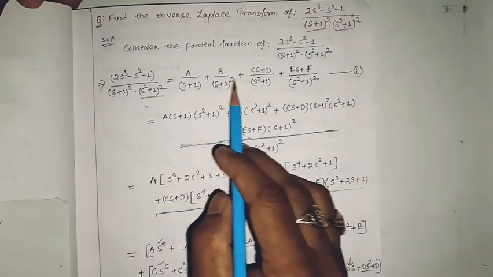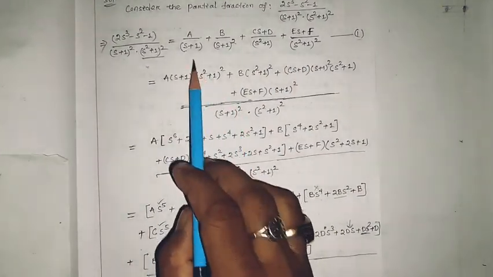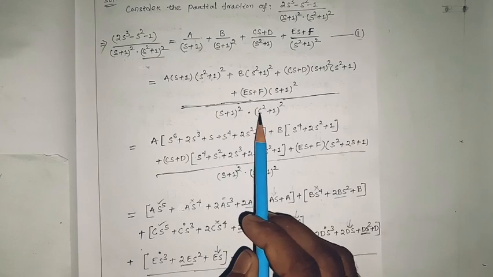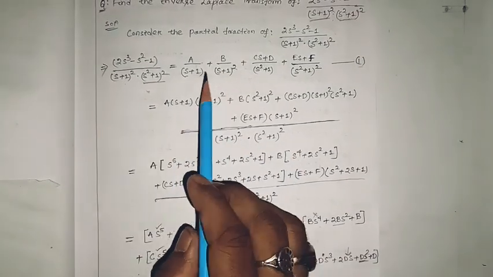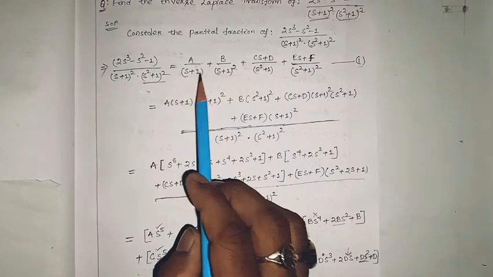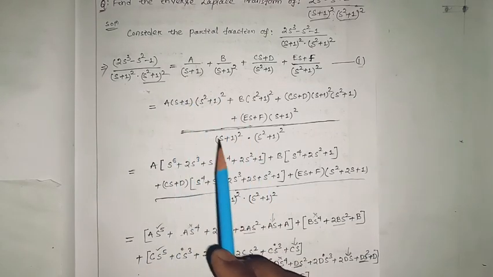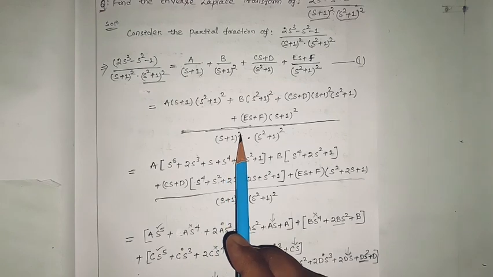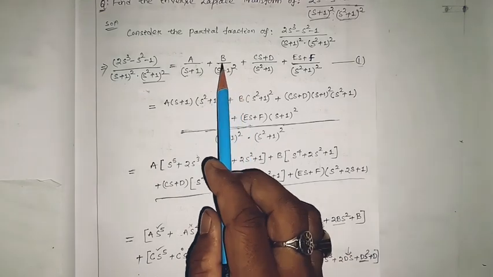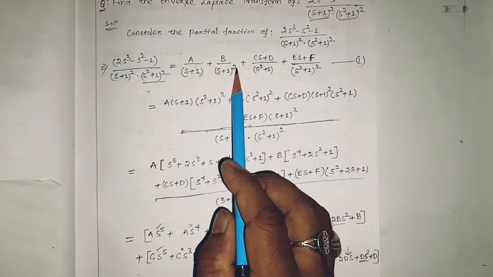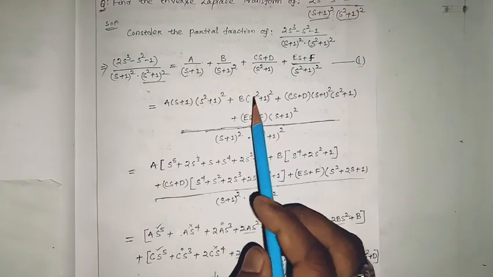Now I just added the 4 terms. We find the denominator will be (s plus 1) whole square into (s square plus 1) whole square, and if I add it carefully, you have to watch here a by (s plus 1). At the time of adding, since (s plus 1) square is at the denominator, a will be multiplied by (s plus 1) into (s square plus 1) whole square, plus b by (s square plus 1) whole square, that means b into (s square plus 1) whole square will be multiplied.